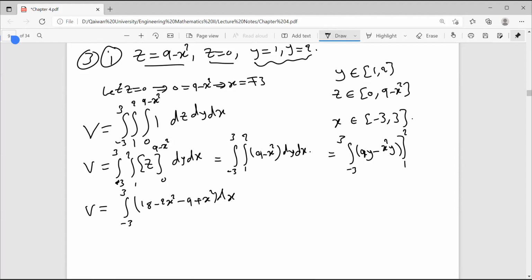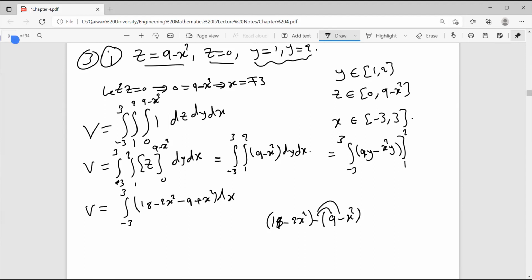We get 9 times 2 minus x squared times 2. We get 18 minus 2x squared. For that step, you have no problems. If you replace y by 1, we get 9 minus x squared.